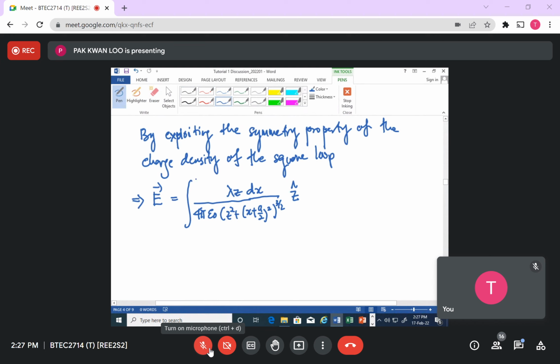Now we only have one thing to consider, which is that the integration variable is dx, along the x-axis. The rest of the terms can be considered constant, and therefore we can factor them out of the integral.